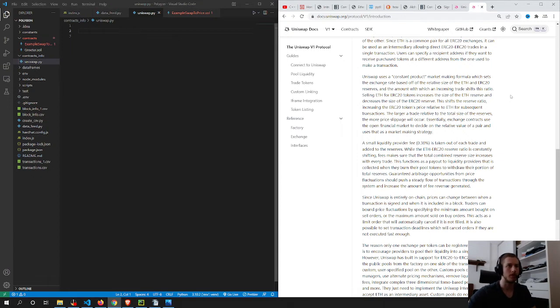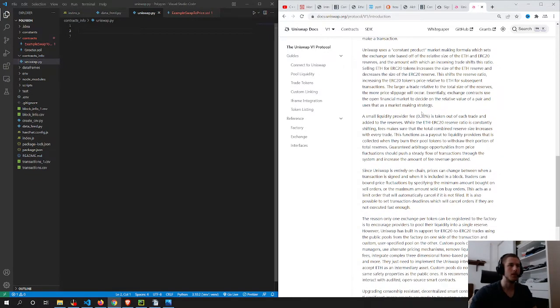Selling ETH for ERC20 tokens increases the size of the ETH reserve and decreases the size of the ERC20 reserve. This shifts the reserve ratio, increasing the ERC20 token's price relative to ETH for subsequent transactions. The larger a trade relative to the total size of the reserves, the more price slippage will occur.